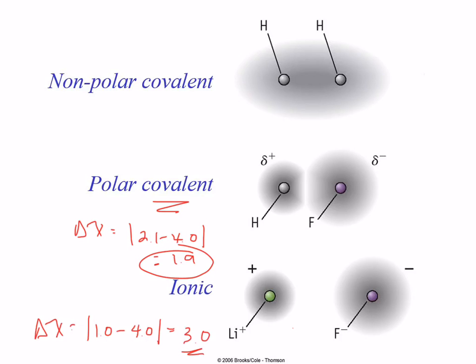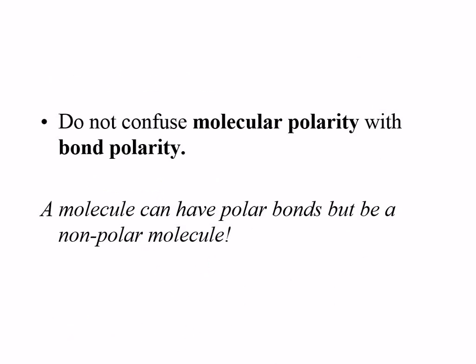Electrons transferred from the metal to the non-metal. So all that we've been talking about, the electronegativity differences between atom A and atom B that are bonded together, we're just isolating a particular chemical bond and evaluating its polarity. That's bond polarity.